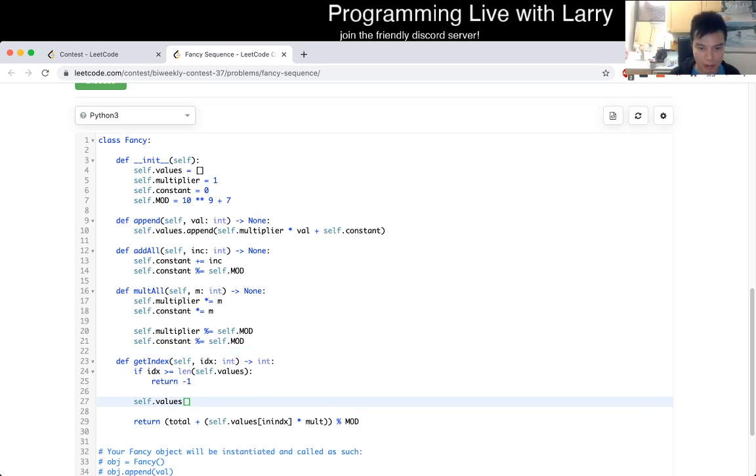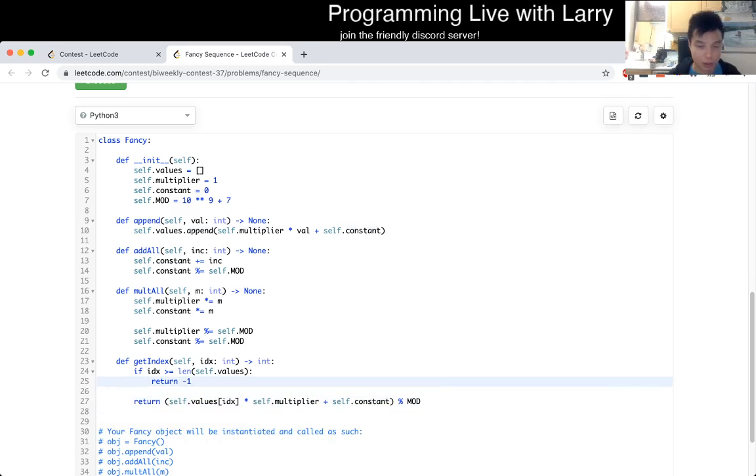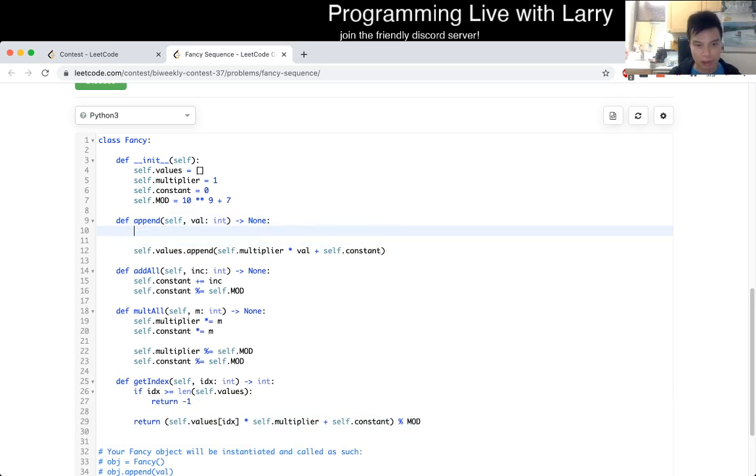Actually, oh yeah, okay. Now I see what I want to do. Basically, instead of doing this, I want to get the inverse multiplier. Inverse, I can't spell today.